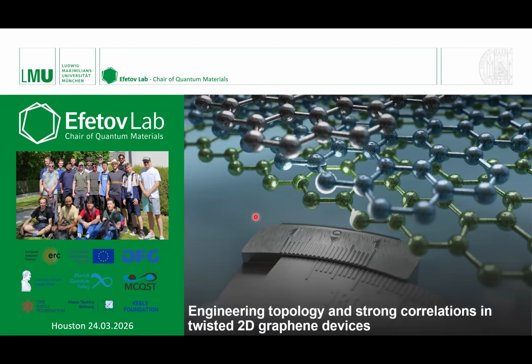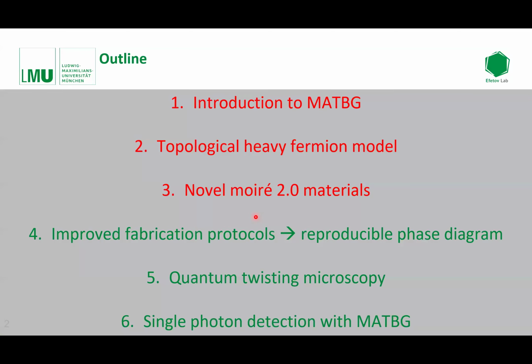Since I was given two lectures during this school, I will divide them into two presentations in the following fashion. In the beginning, I will give an introduction to twisted bilayer graphene, in particular the concepts that go into the engineering of the topological flat bands in it, and present all of the different strongly correlated phases that people have observed in these systems.